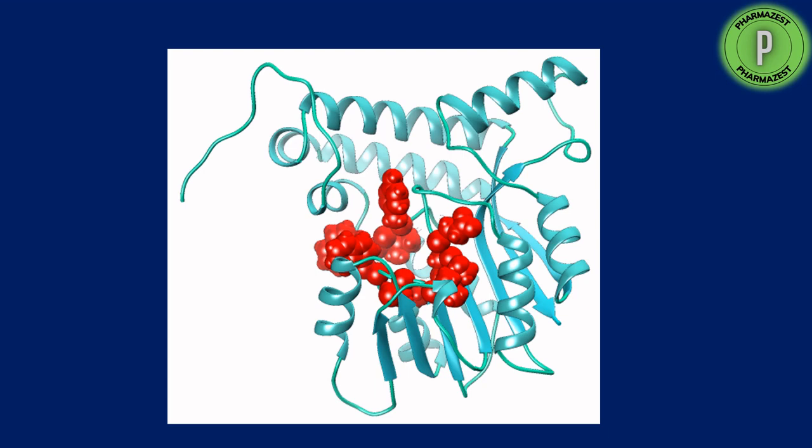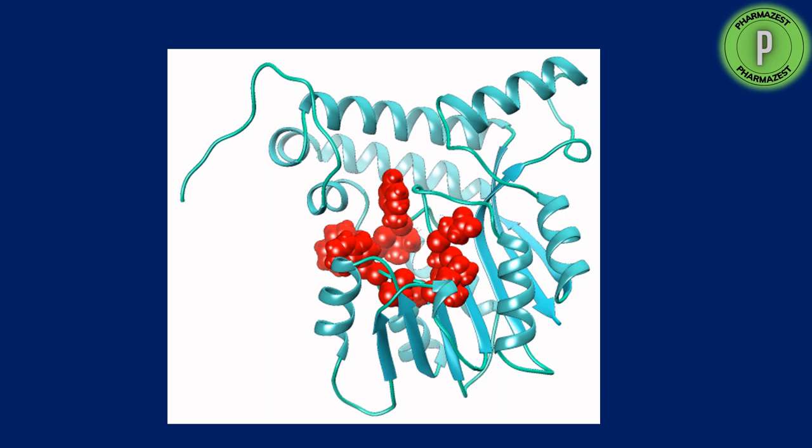In virtual screening, initially we need to identify a target for any disease. Suppose you are studying cancer, you will identify the proteins which are responsible for causing cancer. Then you want to identify an inhibitor which can inhibit this protein so that you can prevent the cancer disease.